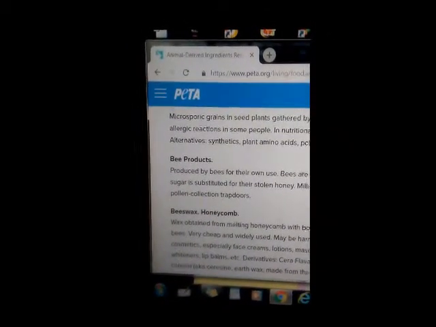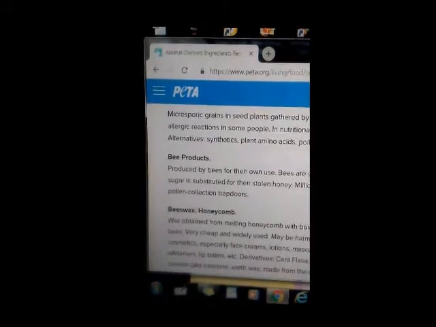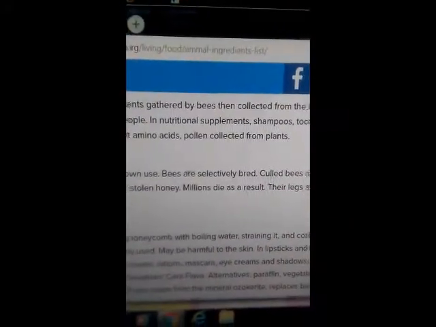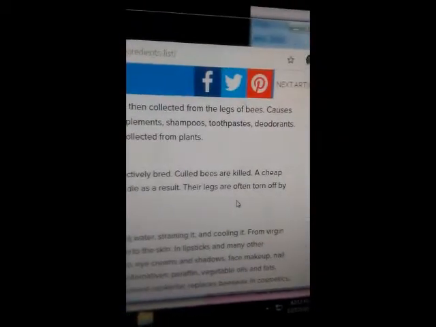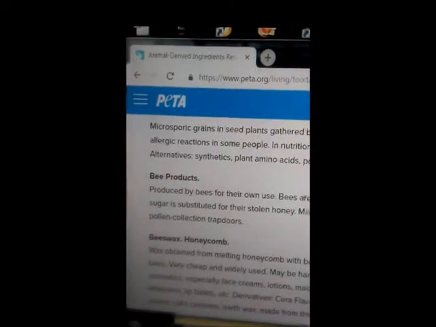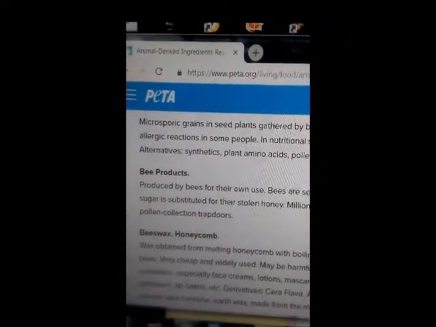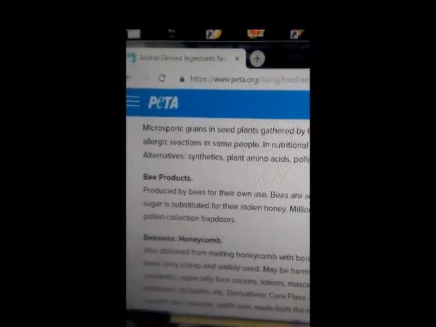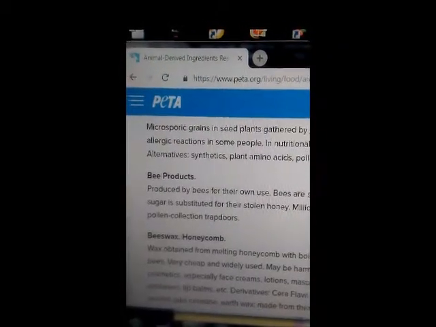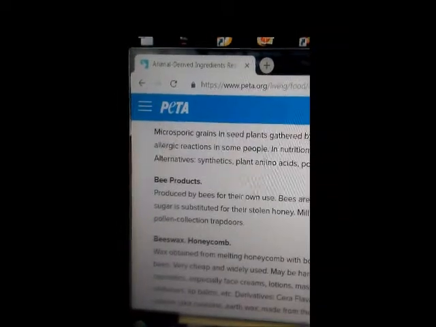This is horrible. So anyway, it says millions die as a result. Their legs are often torn off by pollen collection trapdoors. This is true. I don't know if y'all ever saw a movie a long time ago, I just remember, called The Bee Movie.